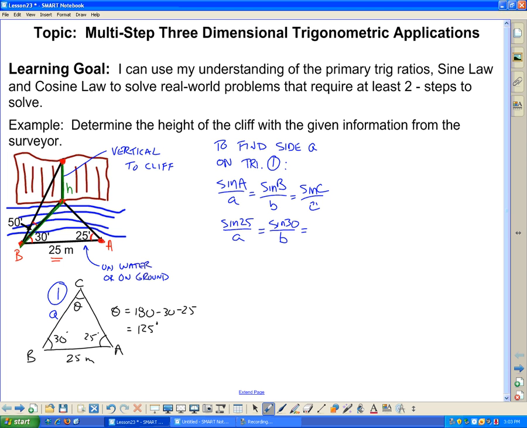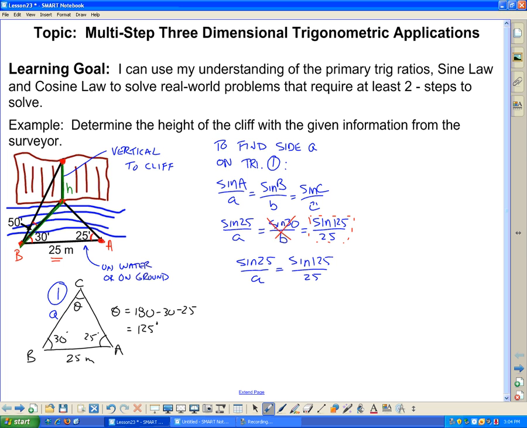Sine C, well, that's sine of 125, and that's over the 25. Here's the reference, or the pivot ratio. Side B I don't care about, so that's just going to drop straight out of this altogether. And we end up with sine 25 over A equals sine 125 over 25.